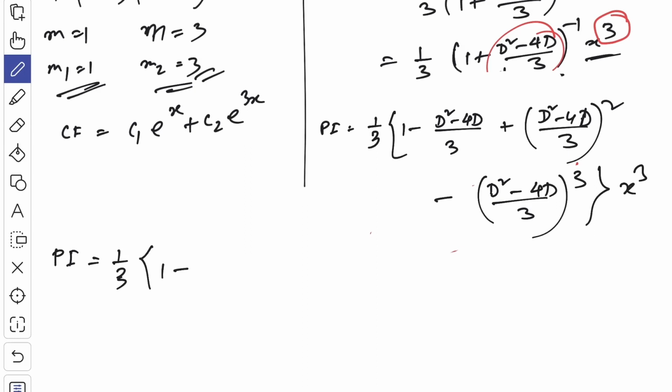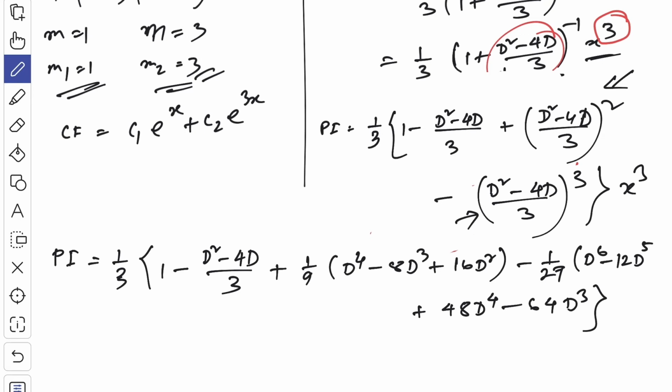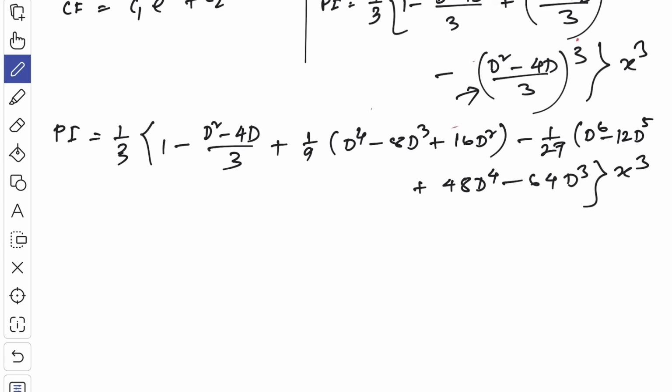Then you will get 1 minus d square minus 4d by 3, then plus, if you expand this one, 1 by 9 times d to the power 4 minus 8d cube, then plus 16d square, then minus 1 by 27 times d to the power 6 minus 12d to the power 5, then plus 48d to the power 4, then minus 64d to the power 3, and x cube after closing the bracket. Now let me scroll down the page.